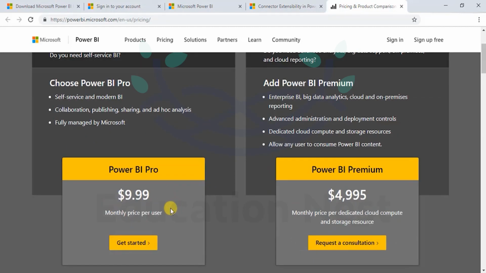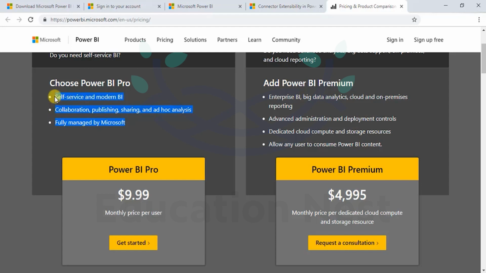It is $10 US dollar per user per month, which helps you with self-service and modern BI. It helps you collaborate, publish into Power BI service, share it with the other relevant stakeholders, and do analysis. And it is fully managed by Microsoft, so there is no need to worry about your backups, your security, your storage sizes, etc.